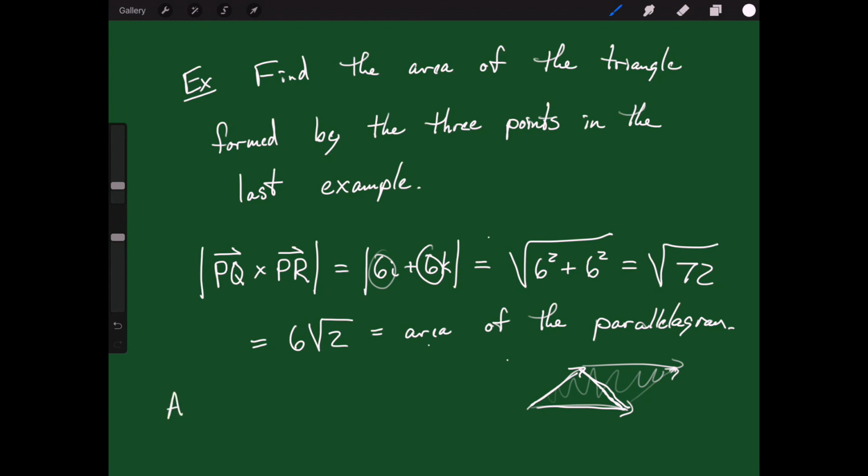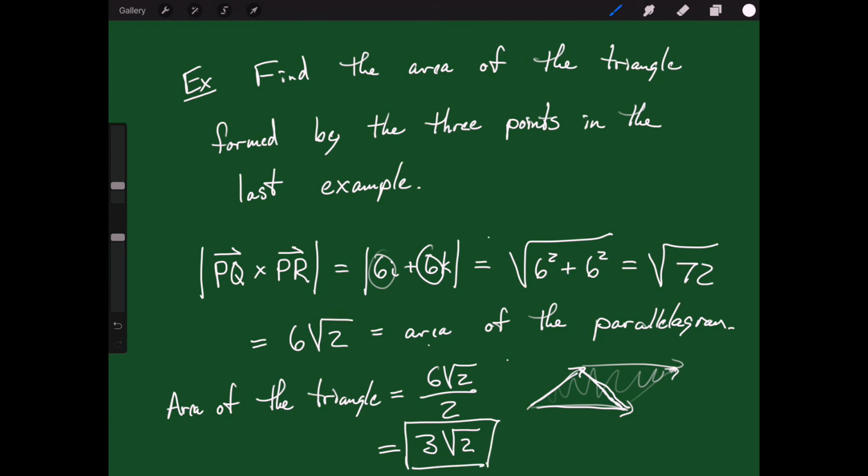So the area of the triangle would be equal to 6 times the square root of 2 divided by 2, or just 3 square root 2. And that would give me the area of the triangle formed by those 3 points.